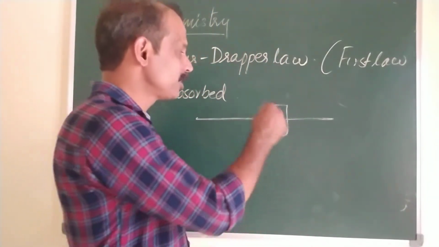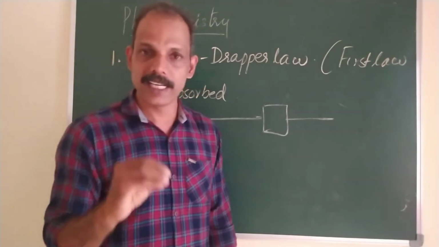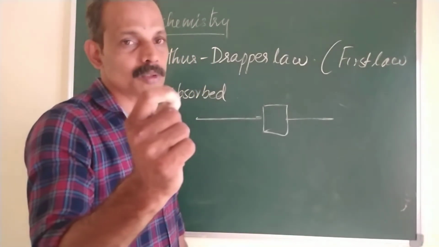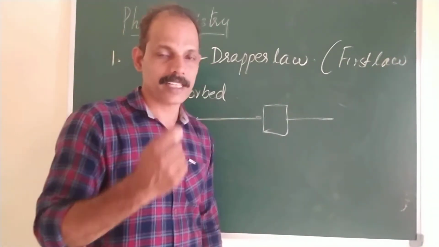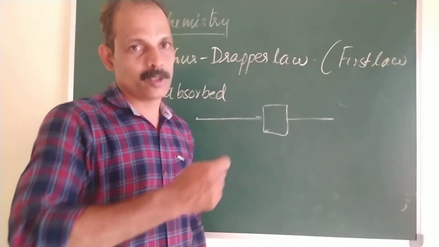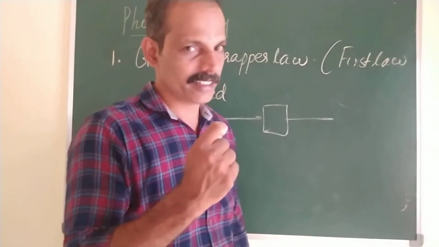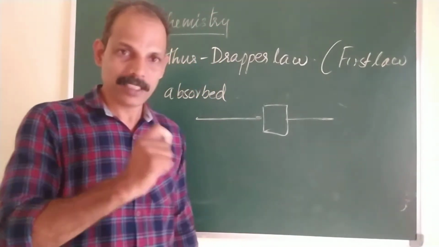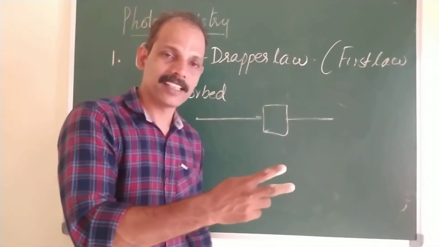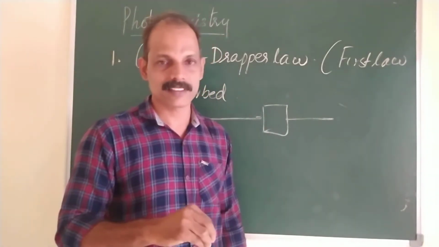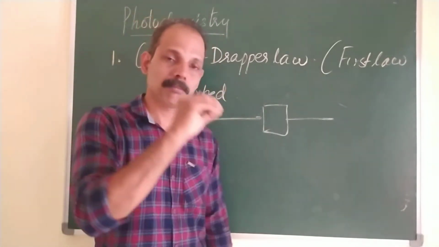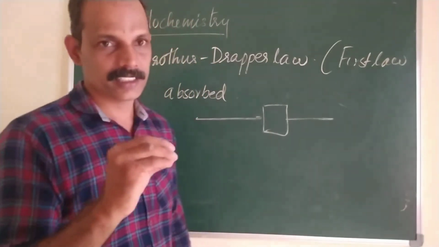The absorbed radiation should possess minimum energy in order to bring about that reaction. So not all absorbed radiation will initiate chemical reaction. But for chemical reaction to take place, absorption should happen. That system must absorb radiation.